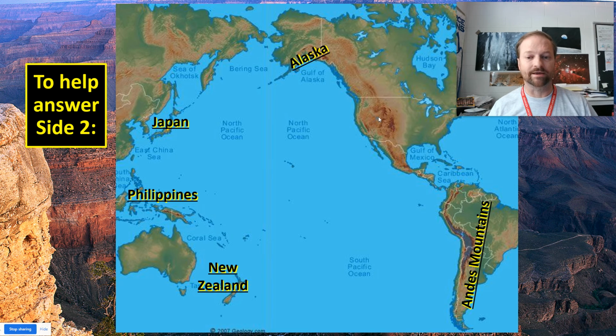That is the Great Salt Lake. So right here, feel free to pause it. Where the arrow is sitting at this moment, that is Utah right here. Based on the marks you make, in complete sentences, explain why you believe that we are under threat or not under threat of the Ring of Fire.